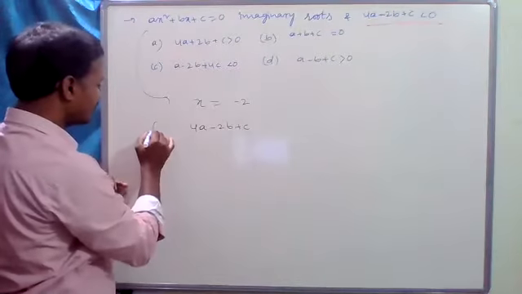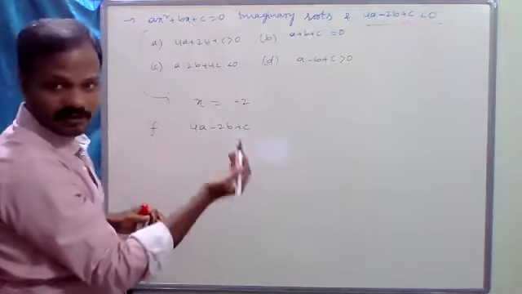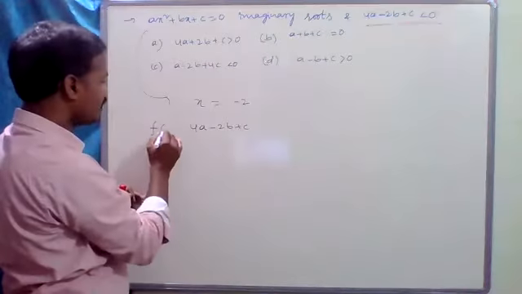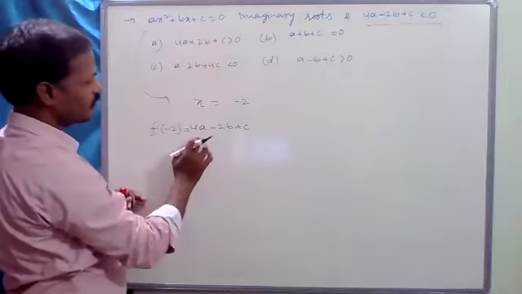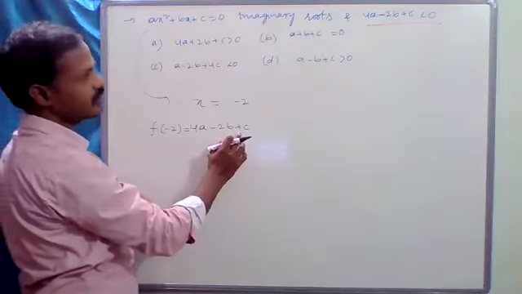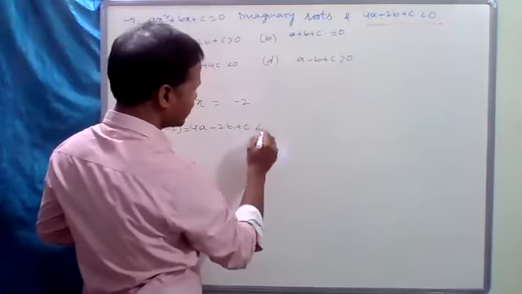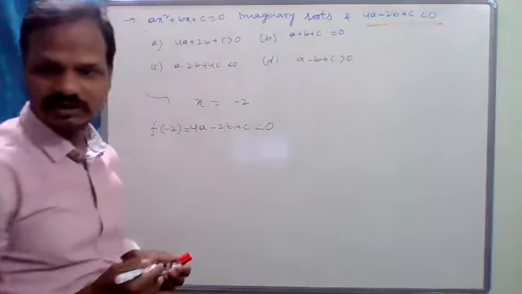So let this expression be f of x. Then f of minus 2 equals 4a minus 2b plus c. What is given? Less than 0 is given.